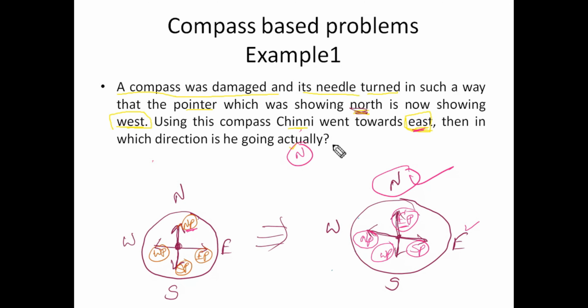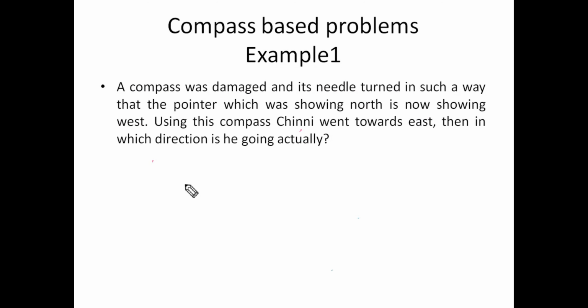The same question can be solved in a simple manner also. We'll see that procedure also. This is north, south, east, west. The pointer which was showing north is now showing west.